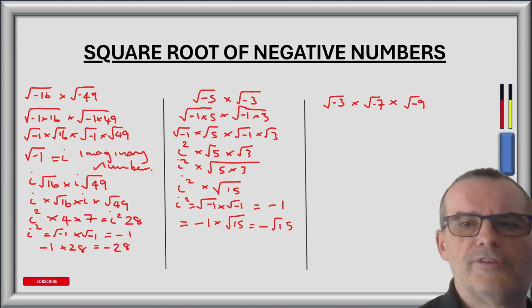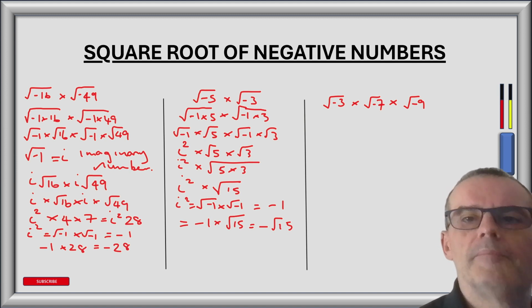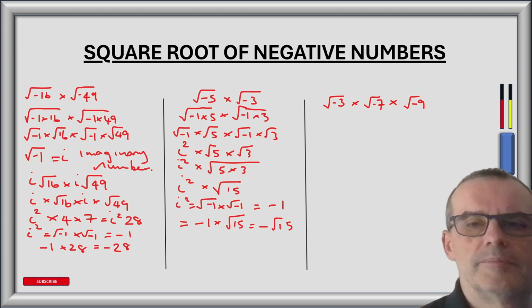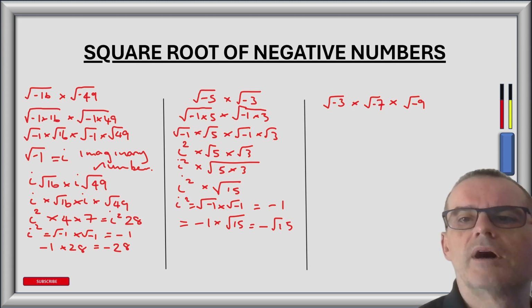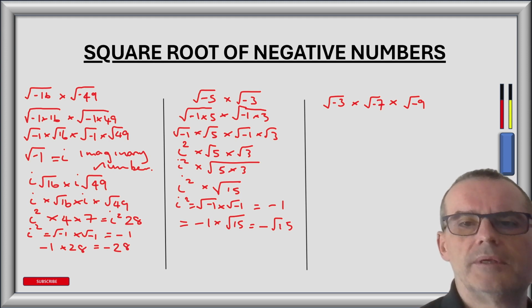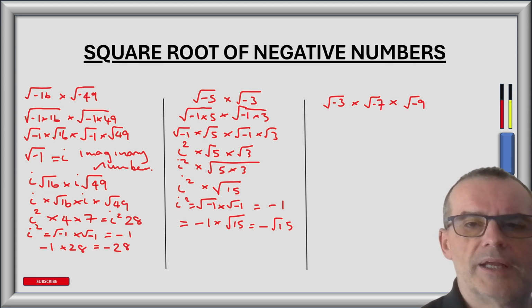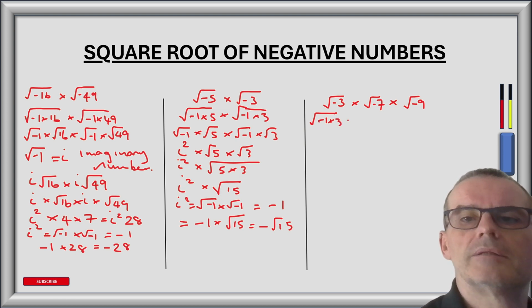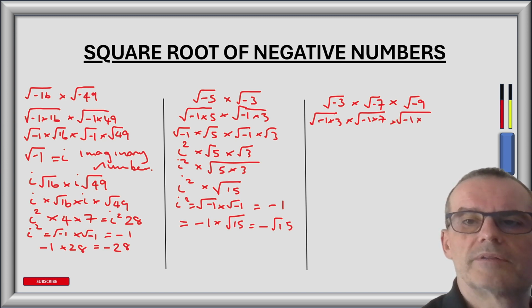So for our final example, let's look at root minus 3 times root minus 7 times root minus 9. Again, we break it down into factors with minus 1 involved. So we have root minus 1 times 3, times root minus 1 times 7, times root minus 1 times 9.